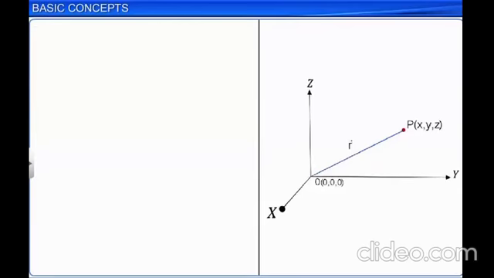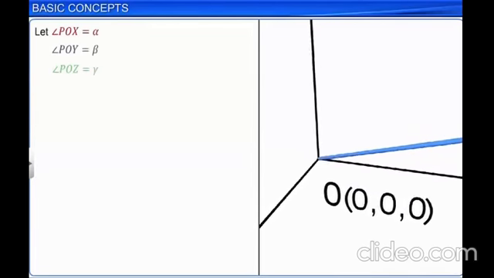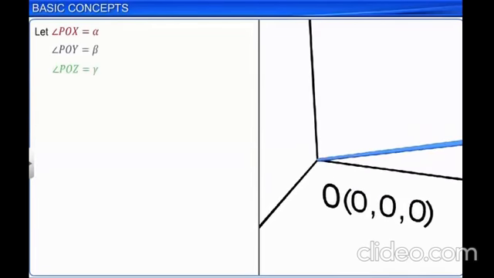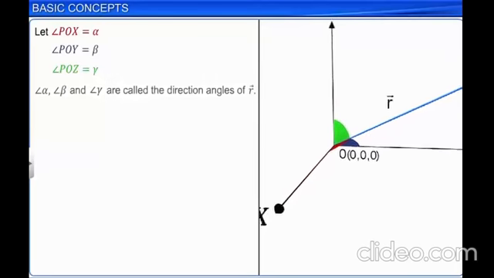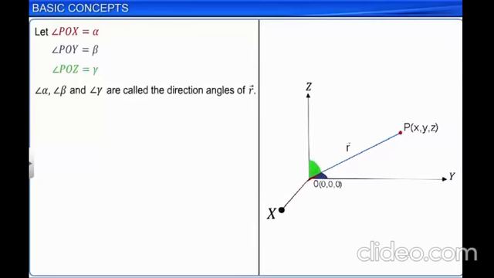Let alpha, beta and gamma be the angles made by vector r with the positive directions of the x, y and z axes, respectively. Then the angles alpha, beta and gamma are called the direction angles of vector r. The cosines of the direction angles of a vector are called its direction cosines.